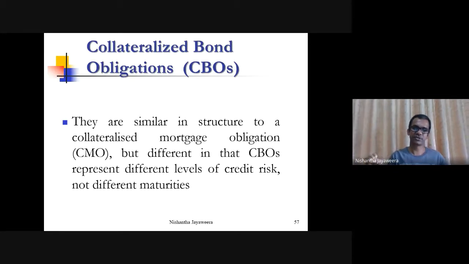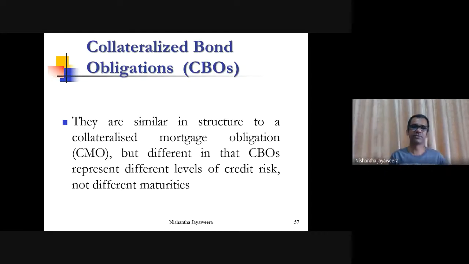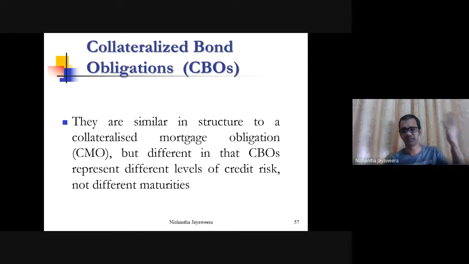If something goes wrong in that sector, the whole portfolio will collapse. But if you have a diversified pool, then even though one sector is not performing well, other sectors will perform well. There can be negative correlations as well. When one is not doing well, another may be doing much better.